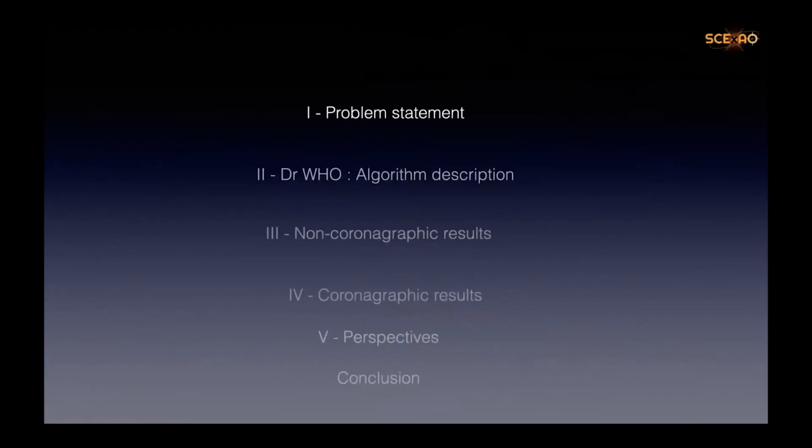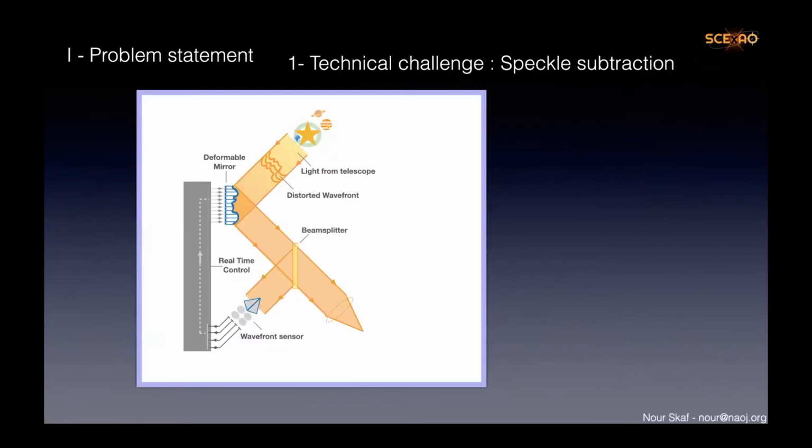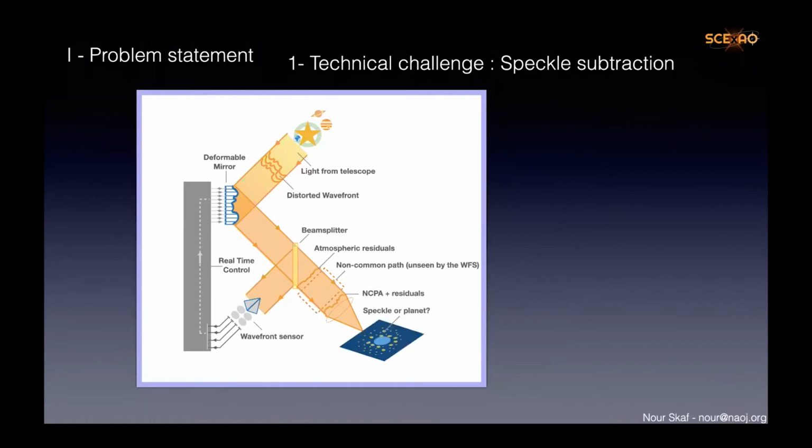All right, so I'm going to first introduce the problem that I'm going to be talking about today. One of the main challenges of high contrast imaging of exoplanets is the speckle subtraction. When the adaptive optics loop is running, after there are atmospheric residuals, then there are several optics in the optical path that induce some aberrations, what we call the non-common path aberrations.